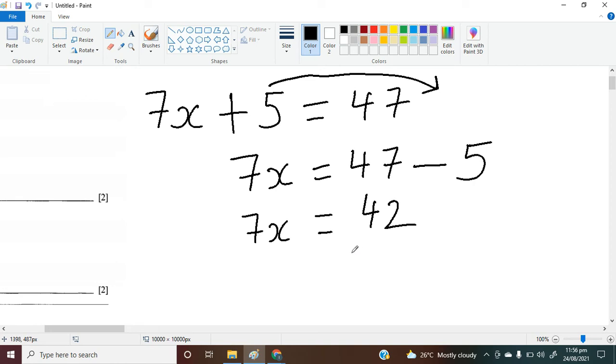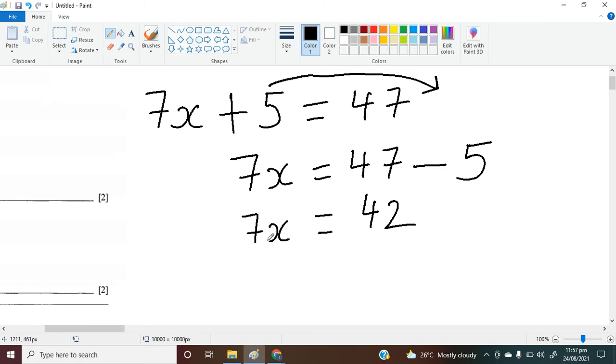Remember the goal. The goal is to isolate x. The goal is to make x all by itself, to have x on one side and everything else on the other. Remember that when we have 7 and x side by side, the operation is multiplication.